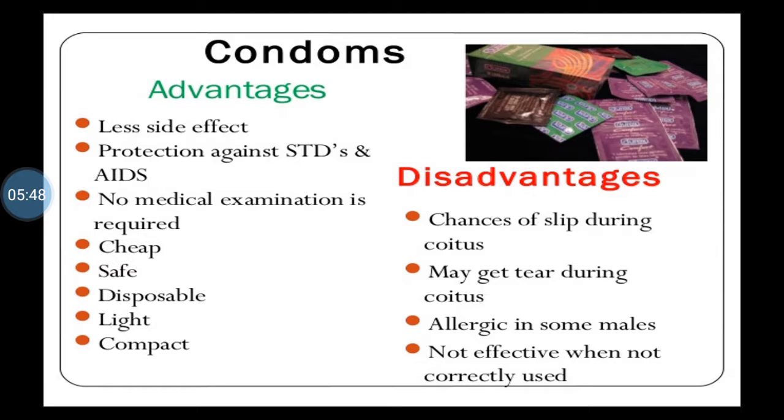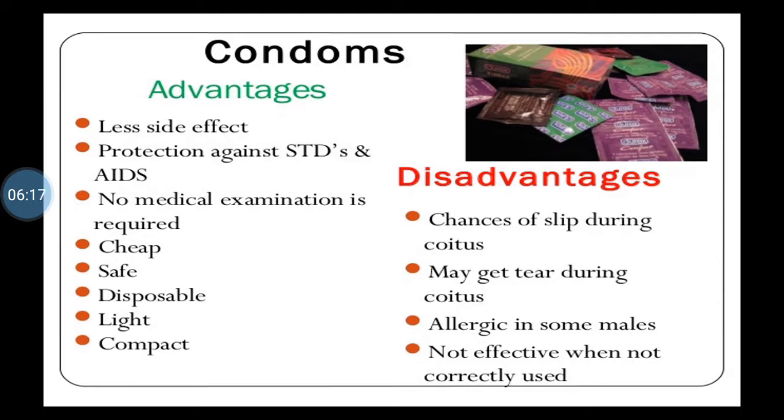It gives protection from sexually transmitted diseases including AIDS. Then no medical examination is required, as it is required in other methods we will discuss later on. It is easily available through a variety of commercial outlets. It is easy to use.